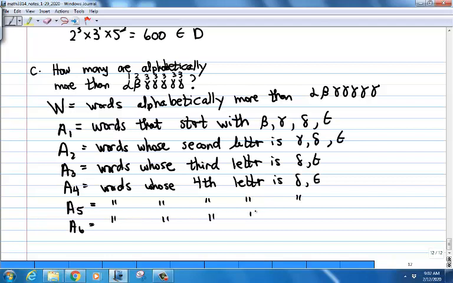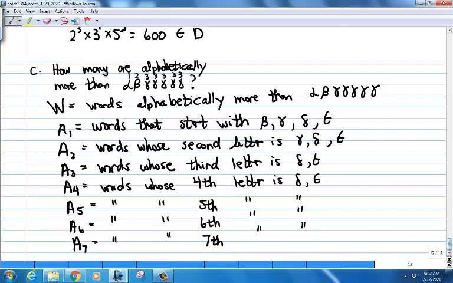So you get the idea here, except this is fifth, this is sixth, and this is seventh.